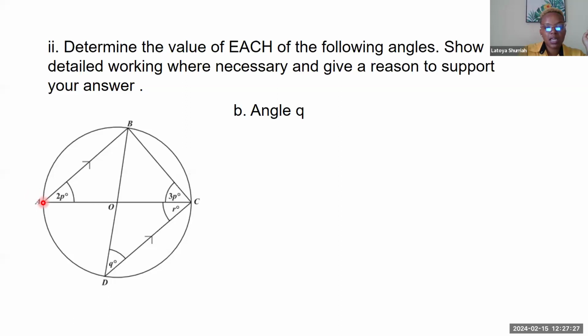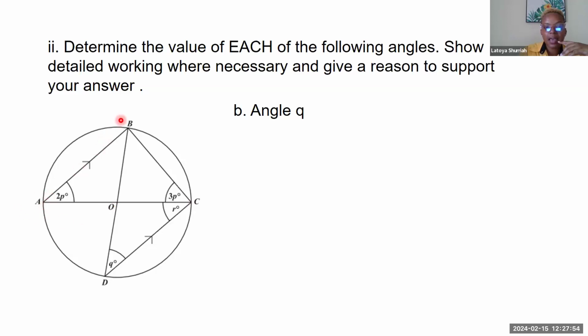So she's asking if the angle A, B, C and angle B, C, D is tending from the same chord and in the same segment. Anybody would like to take on that question?